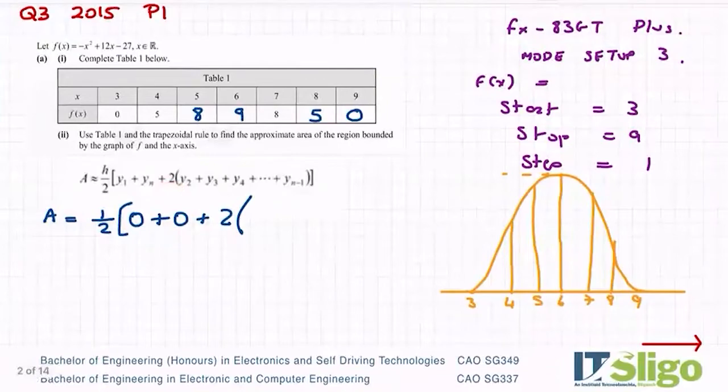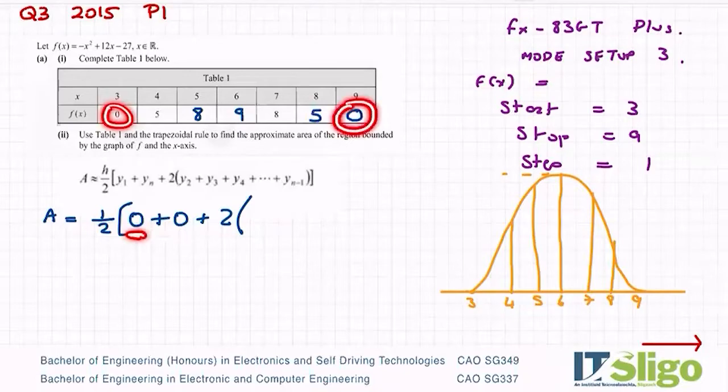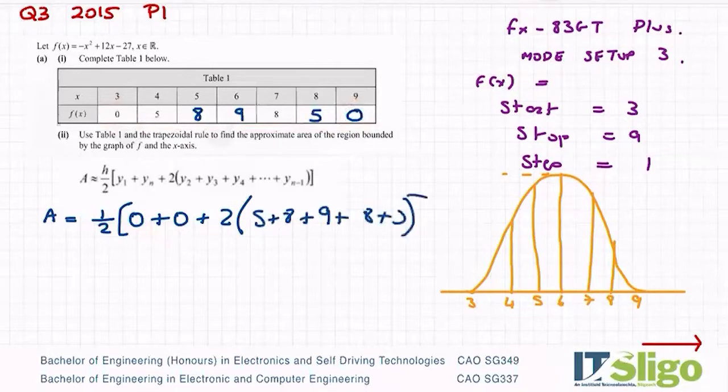That's why these are multiplied by 2. The way I remember it, it's h over 2, the first and the last, and twice everything in between. So there's the first, there's the last, and then I'm going to do twice everything in between. So 5 plus 8 plus 9 plus 8 plus 5. Close your bracket, put that into your calculator.